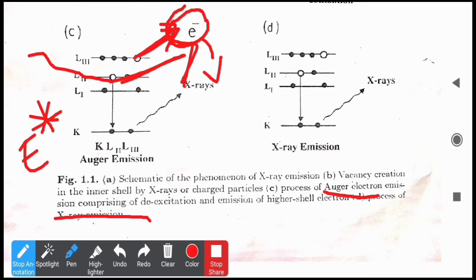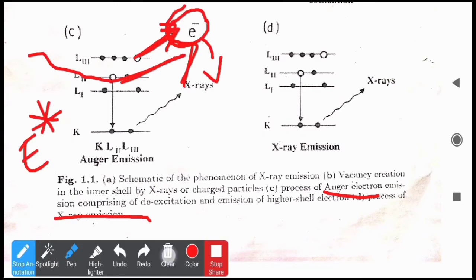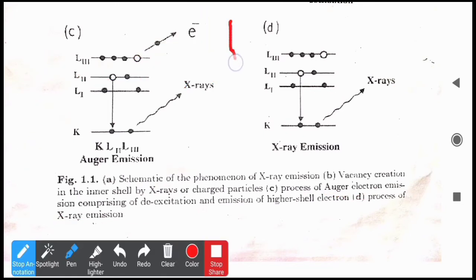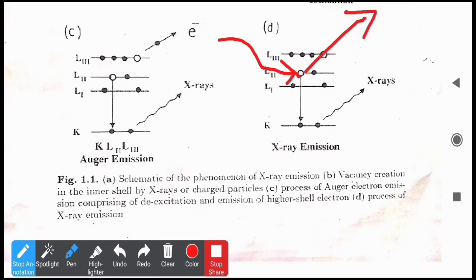The last technique, which is of our interest, is the X-ray emission technique. Again particles or radiations interact with the solid sample and eject a primary electron. One electron is ejected, hence the molecule is in the excited state.